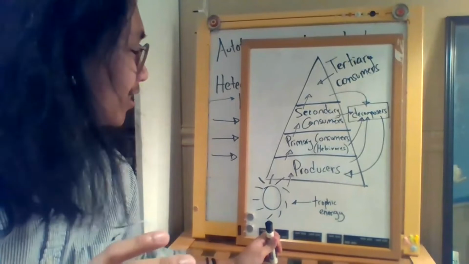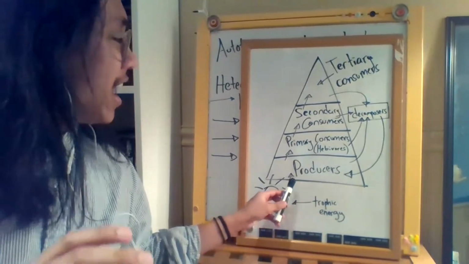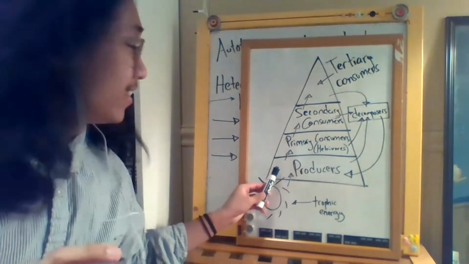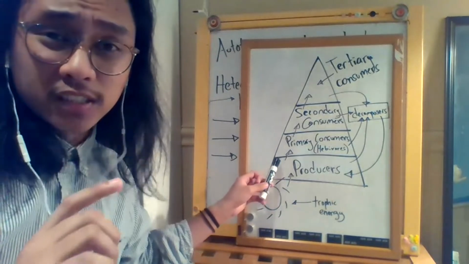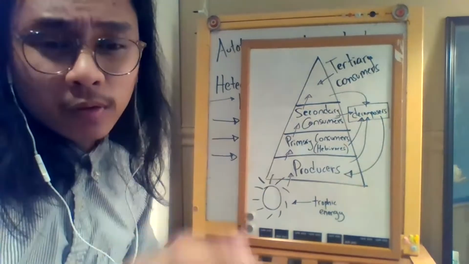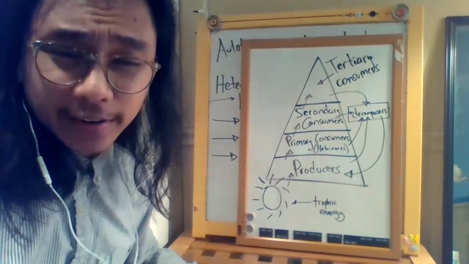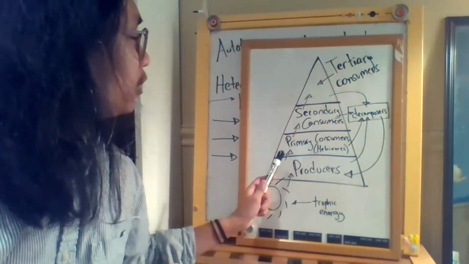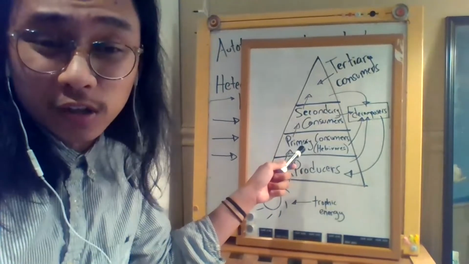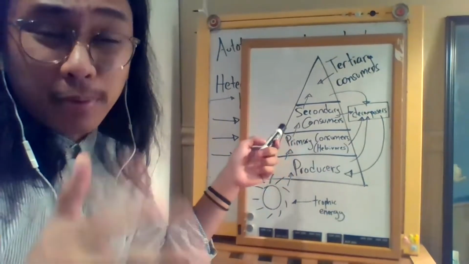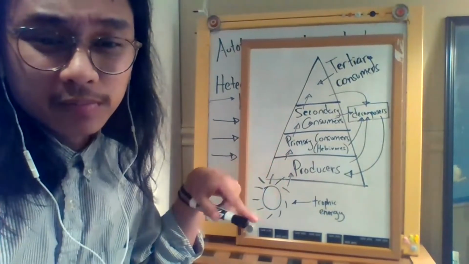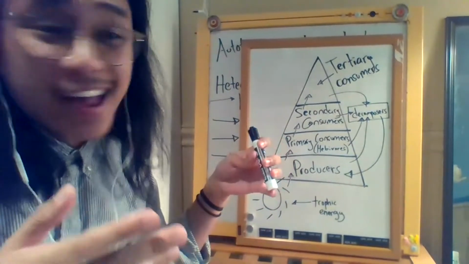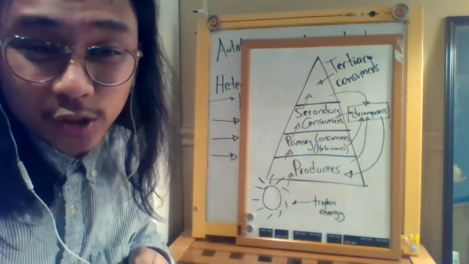So producers get this energy from the sun and then transfer that energy, again, the arrow pointing to the energy flow, which is a trophic chain, or excuse me, a food chain. Producers provide energy to our primary consumers, or our herbivores. Our primary consumers provide energy to our secondary consumers, and then our secondary consumers provide energy to our tertiary consumers.